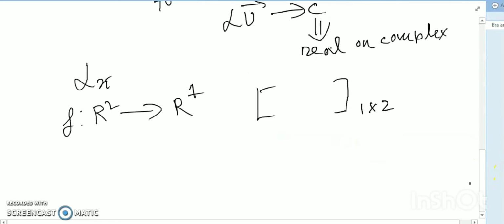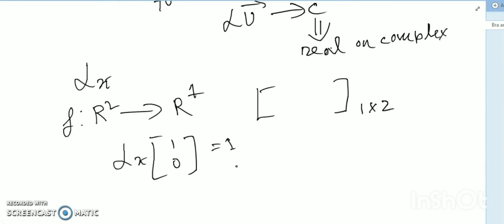The first column tells us where the x basis vector goes. So plugging in (1, 0), which has a component of one along the x-axis, we get 1. The next column tells us where the y basis vector goes.